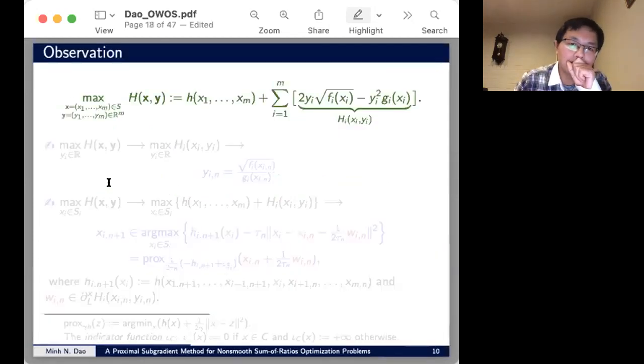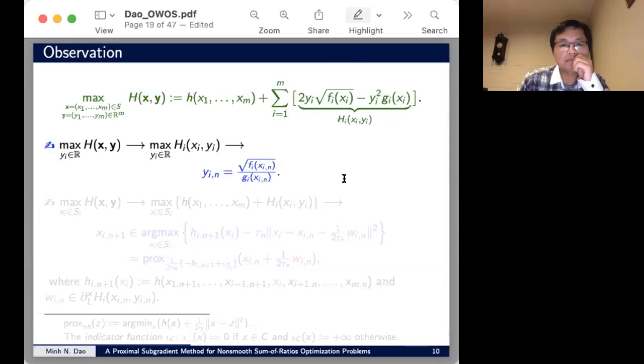Now, regarding P1, here is the problem P1, maximizing this function. If we use alternating maximization, then first we maximize this function with respect to yi.